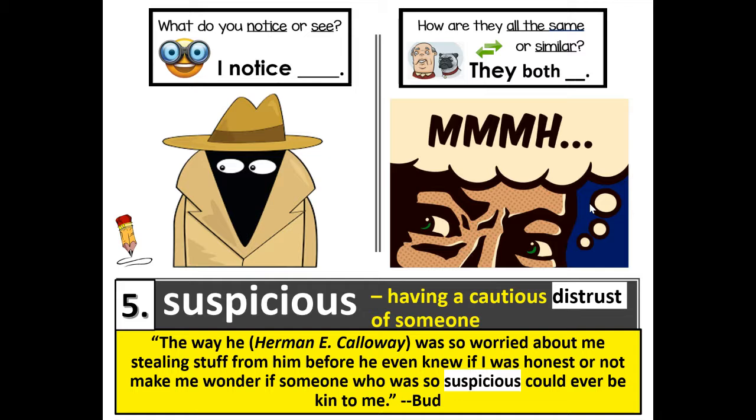So Herman E. Calloway was suspicious of Bud, thinking that he was going to steal stuff. And Bud resented that because he was like, he doesn't even know me. He doesn't even know if I'm honest or not. And he's already suspicious. He does not trust me.